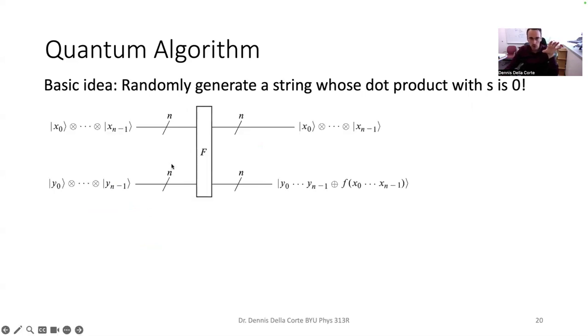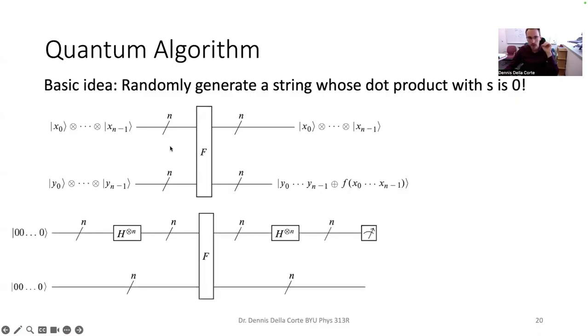We use a circuit, and we won't go into the details of how the circuit works, but what it does is it guarantees to produce a string of numbers that will have a dot product with s of being 0. And don't be surprised, but it uses again a bunch of Hadamard matrices raised to the power n.